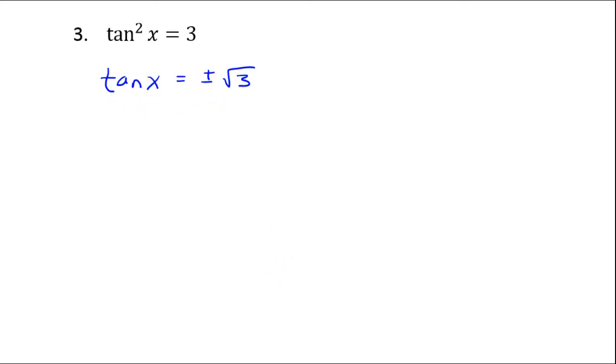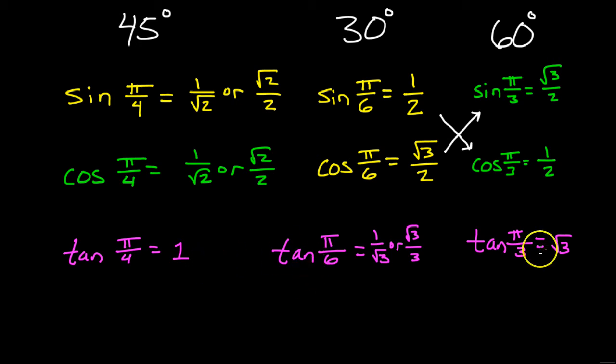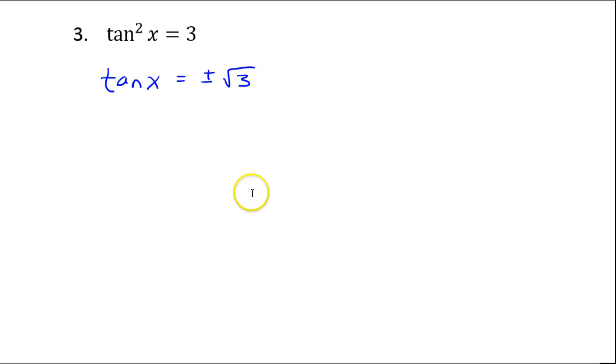Let's think about the reference angle. Well, we know that the tangent of pi over 3 is radical 3. So that means that the reference angle is going to be pi over 3. So consider this diagram of pi over 3's just to help you focus your mind better.